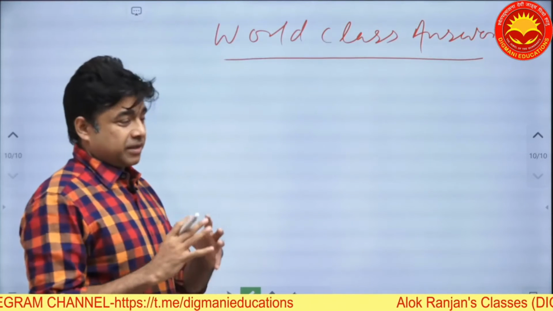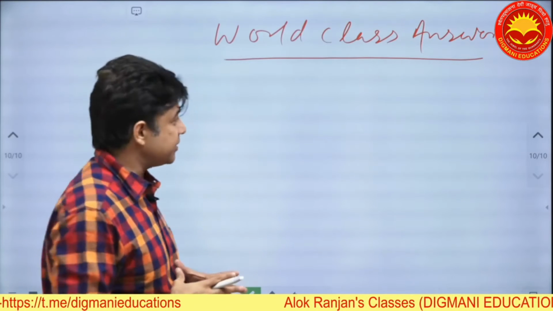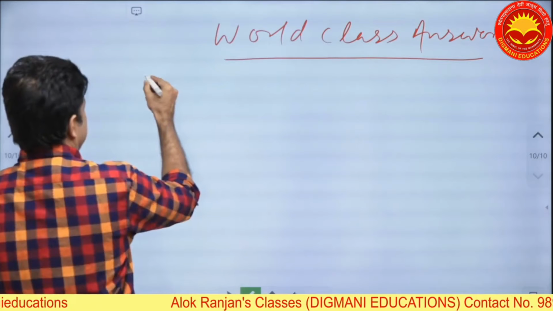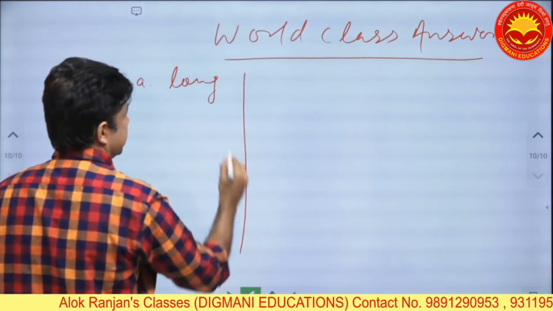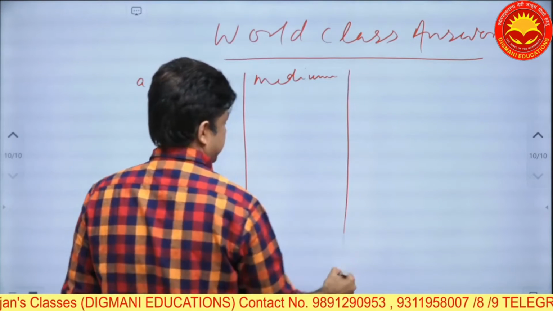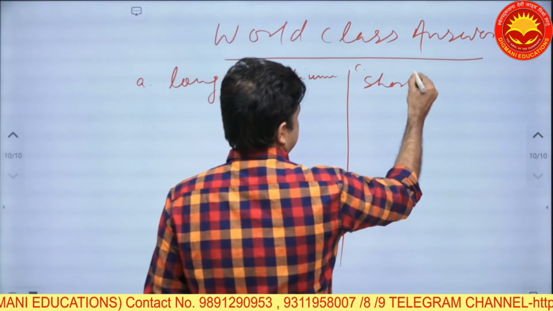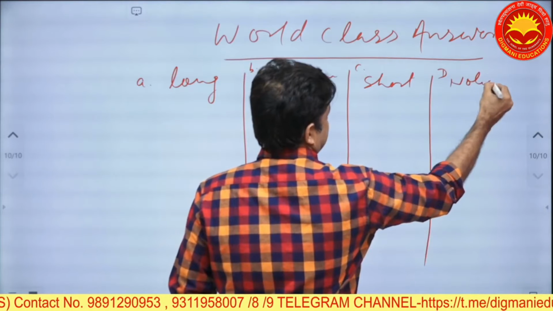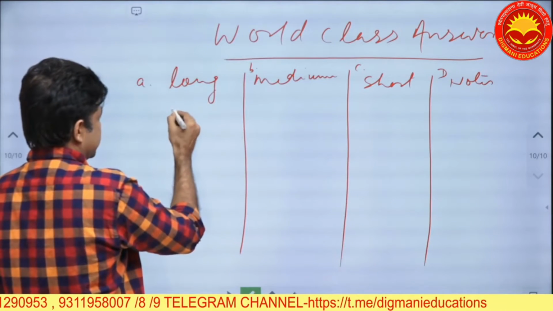If you look at the 10 years question bank from the civil services examination or the PCS examinations, we can classify the questions into these categories. A, we have long type. B, we have medium type. C, we have short type. And D, the small notes.